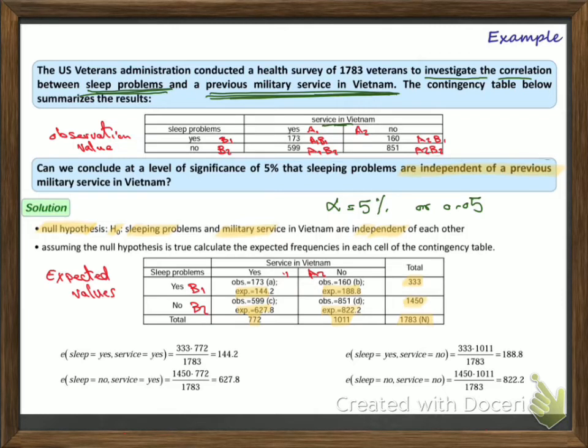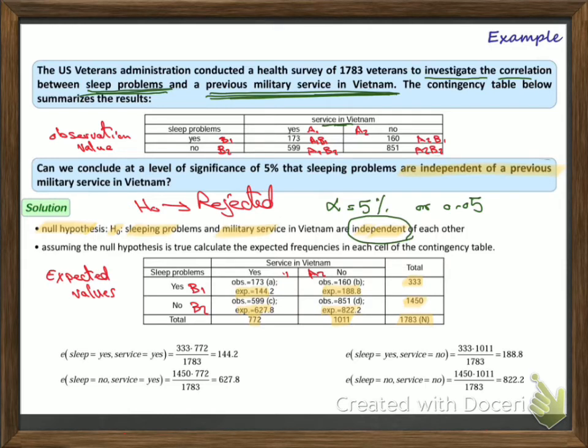If we reject that, this means that we will have a relation between them. As we have said earlier, if we have H naught and it is rejected, it means that we are not in agreement with it. But maybe a small part of it is still true. We reject it, but there is a small part which is true.